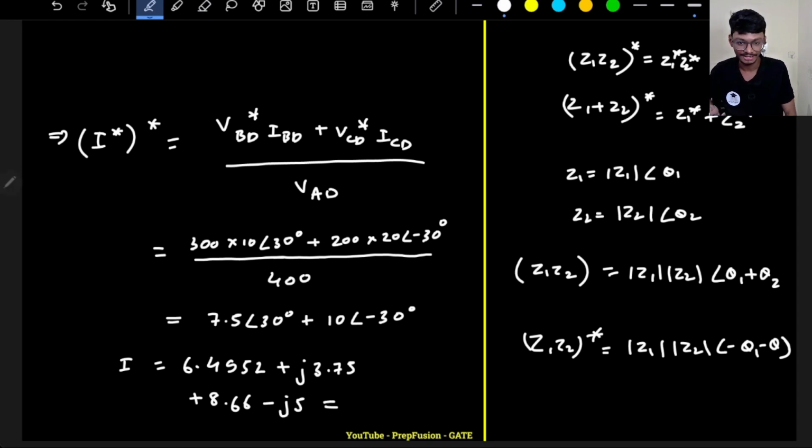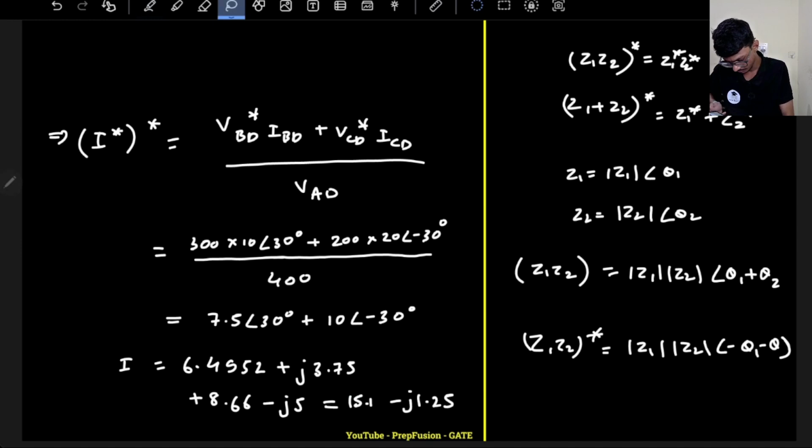So from here you can directly find out the value of I. What will be the value of I? Plus 3.75 minus 5, it will be minus j1.25, and this will be 6.4952 plus 8.66, so 15.155.